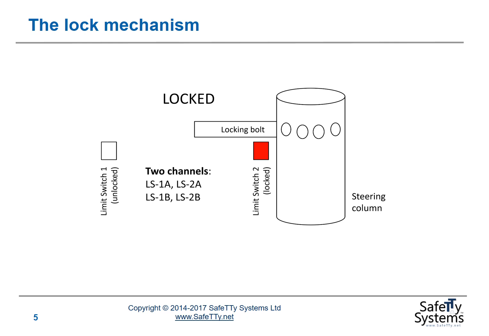So when the lock system is locked, limit switch 2 is in place. I should make it clear that there are 2 independent channels assumed on each of these limit switches. So limit switch 2A and 2B are 2 independent switches that are both set when the lock is in place.